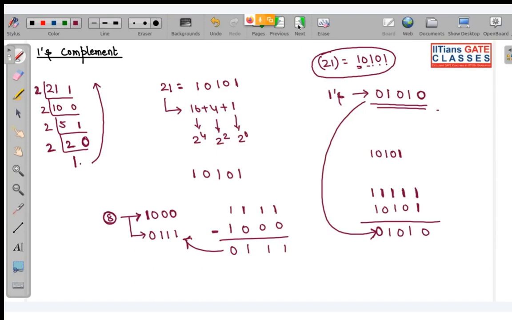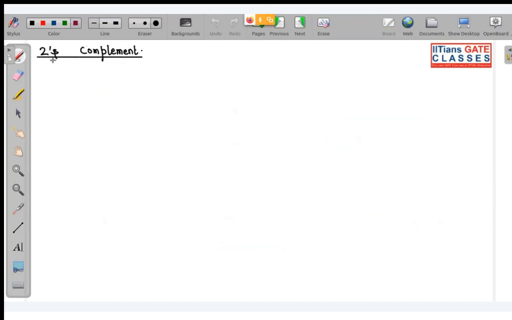Now there is one more thing known as twos complement. Why do we use twos complement or ones complement? We will see that. Now what is this twos complement? Just now we saw 21 is 1 0 1 0 1. What do we mean by twos complement?